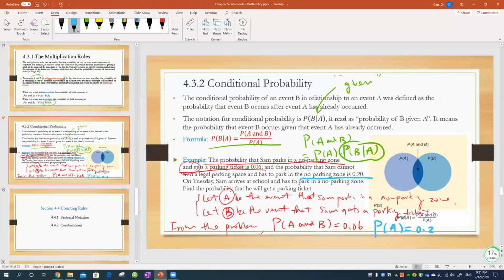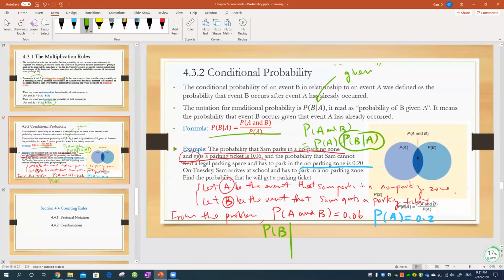Then let's look at the question. The question is the probability that he gets a parking ticket, that's probability of B. But given that Sam has to park in a no parking zone, so given event A. So the question is to calculate this conditional probability of B given A. So now let's look at the formula.